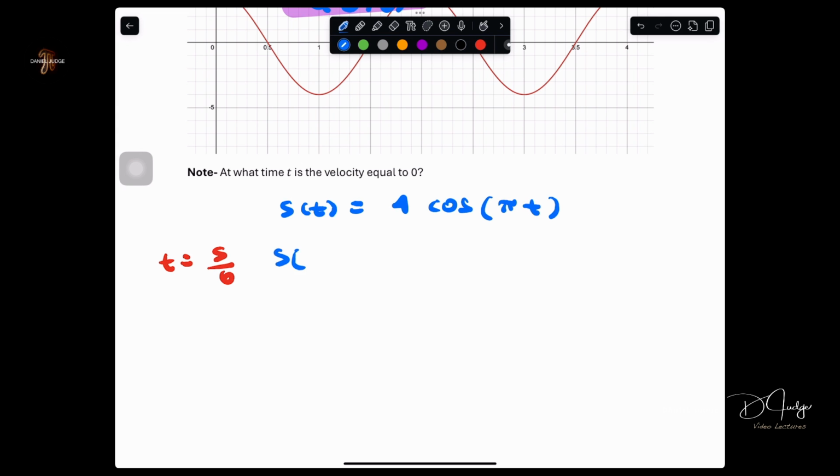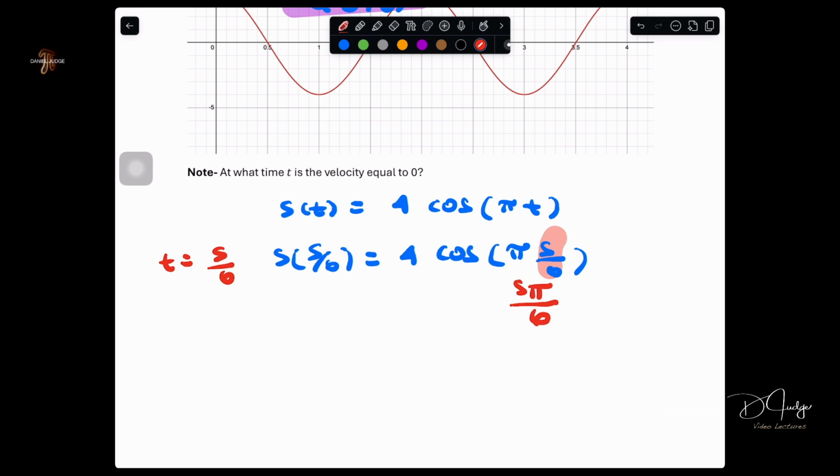So S of 5/6 becomes 4 cosine pi of 5/6. And we know this here as really, here's our t, 5 pi over 6. So let's recall, pi over 6, I believe, is 30 degrees.